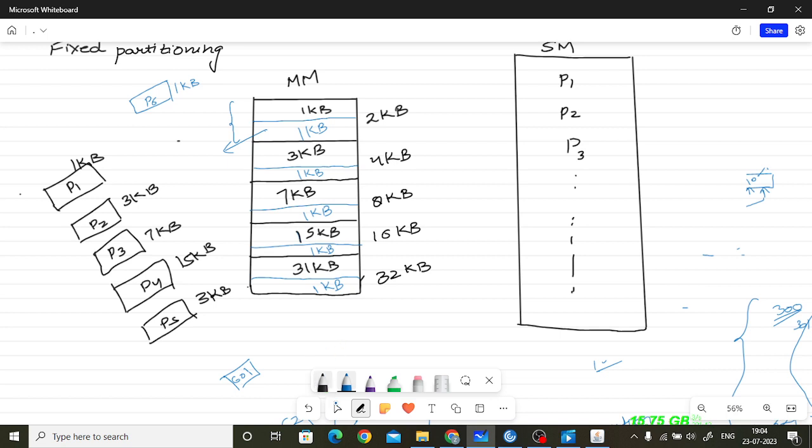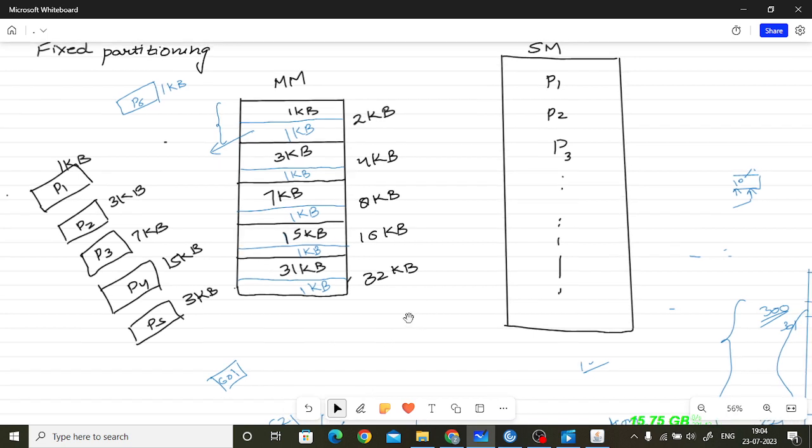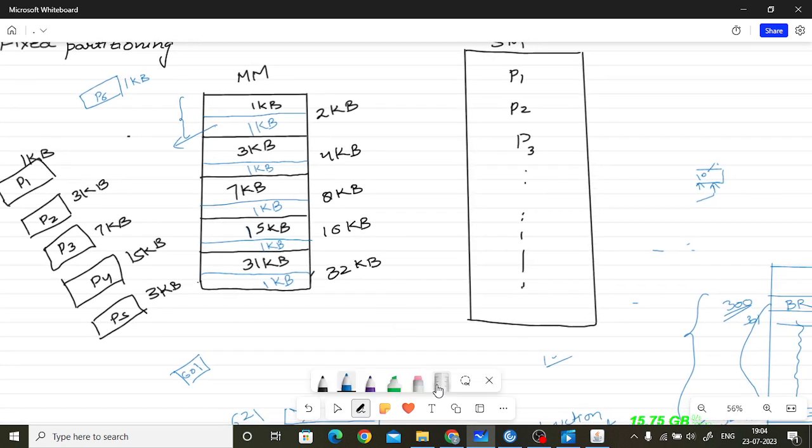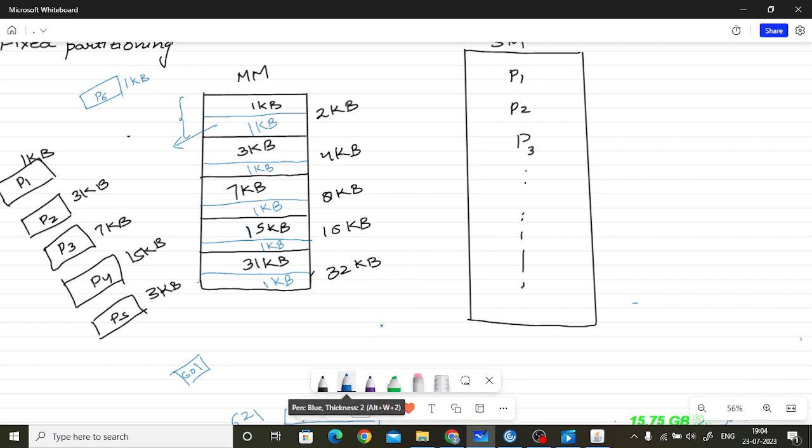So what are the disadvantages of using fixed size partitioning? The first disadvantage is internal fragmentation. Fragmentation is nothing but a kind of memory wastage.